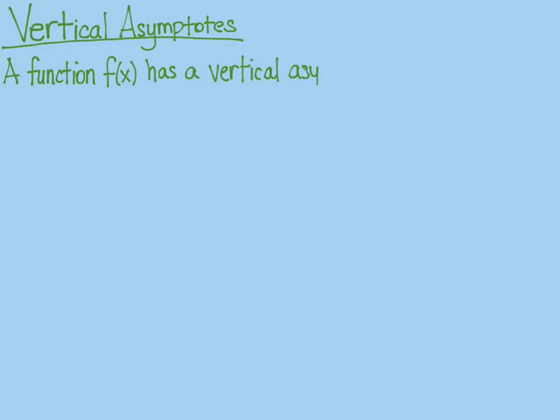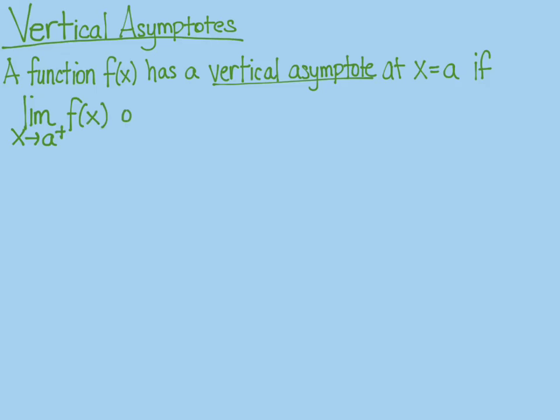The last type of discontinuity is called a vertical asymptote. A function f of x has a vertical asymptote at x equals a if the limit as x goes to a from above or below goes to positive or negative infinity.